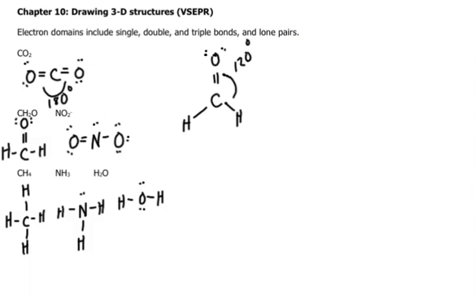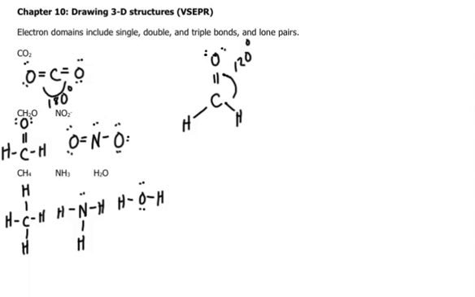Okay, so this particular arrangement, the electron domains are arranged in what we call a trigonal planar arrangement with a bond angle of 120 degrees. For the CO2, just to back up, that arrangement is called a linear arrangement because the electron domains are in a straight line.